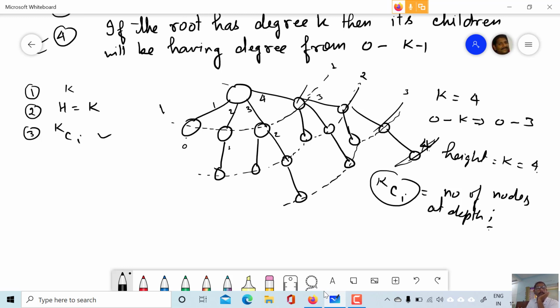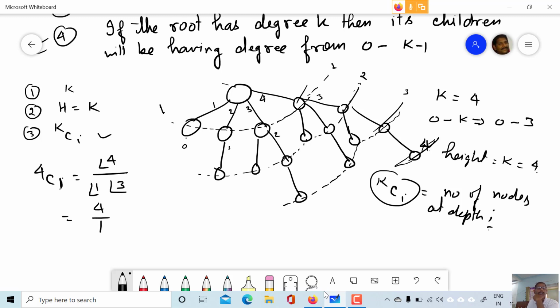So at depth 1, let us see. So 4C1 means factorial 4 upon factorial 1 and factorial k minus i. k minus i means factorial 3. So if you calculate, this is 4 upon 1.